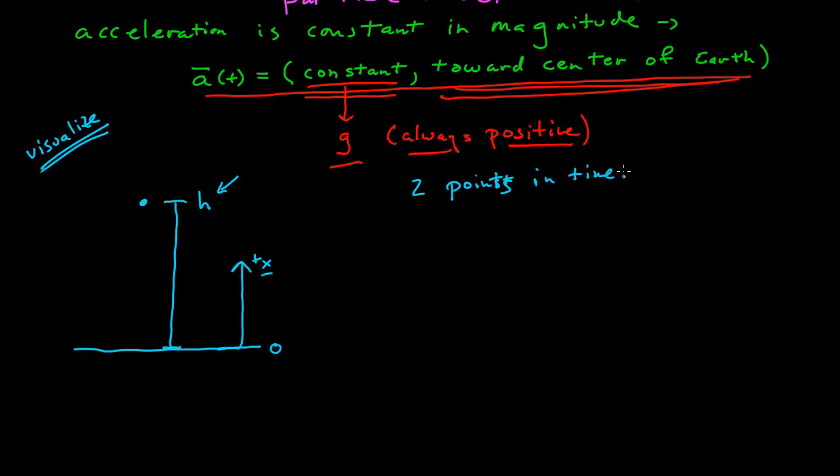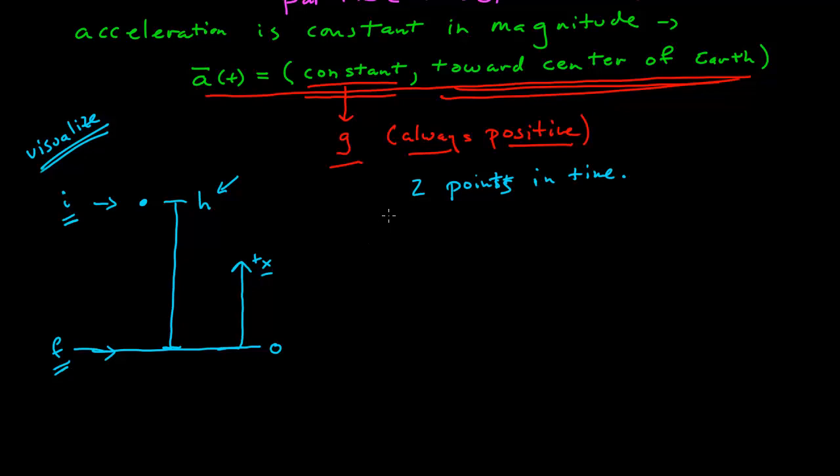Looking at the context of my problem, I've got a point where the ball is released, and a point where it hits the ground. So I'm going to look at this initial time and this final time, and that's what we're going to do.